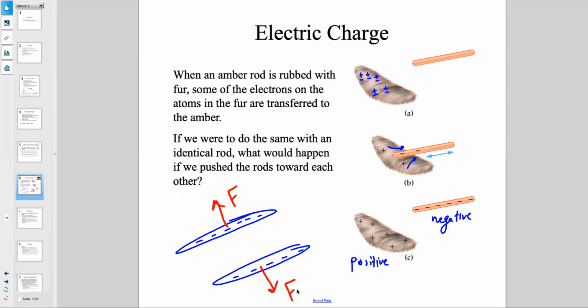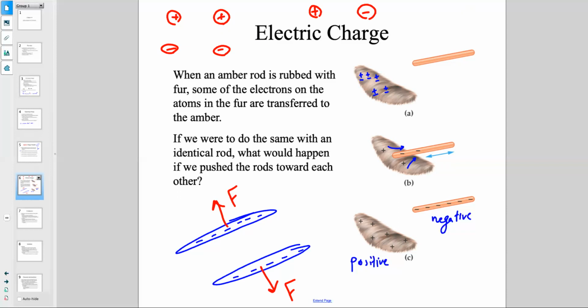They will have a force because two negative charges will repel, two positive charges will repel. What we know is that if you have a positive and a positive, positive and positive will repel, negative and negative will repel. However, positive and negative will attract.